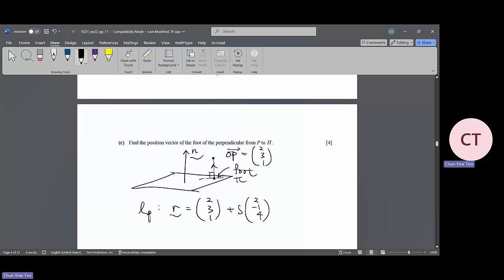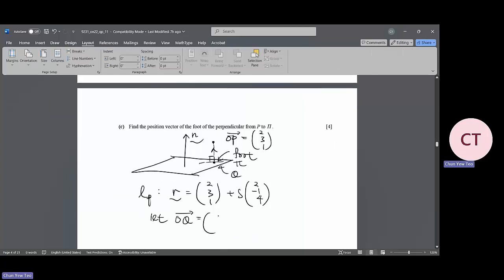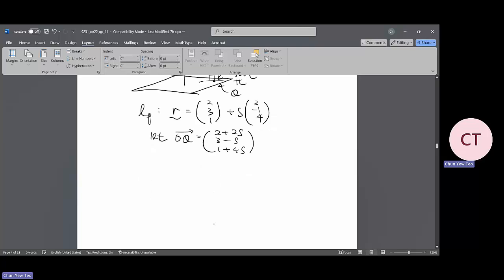Let's call this point Q. So Q will be the point that combines the line and the plane together.